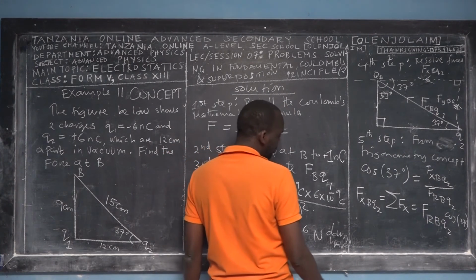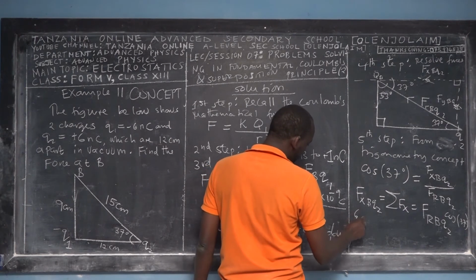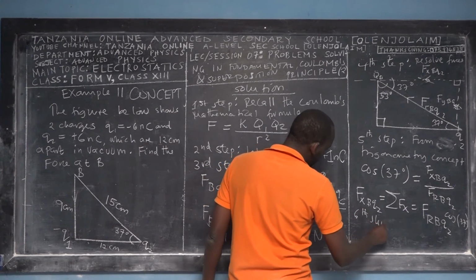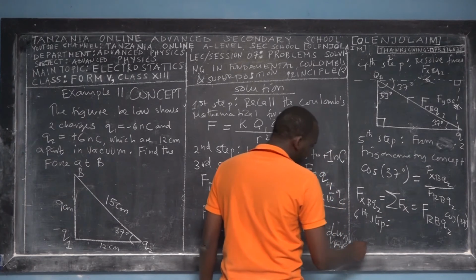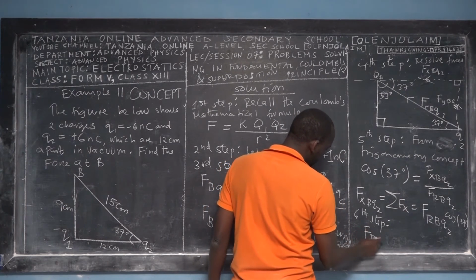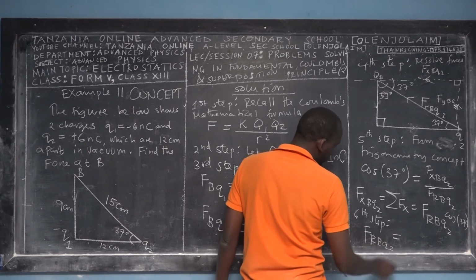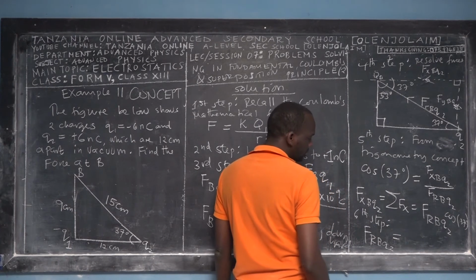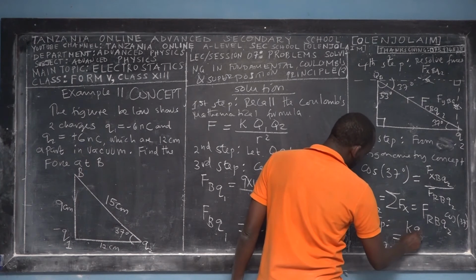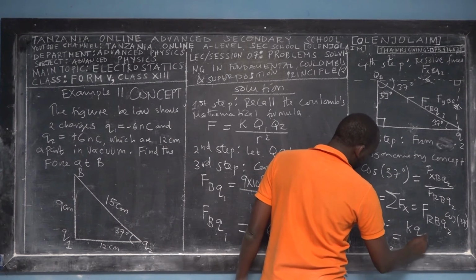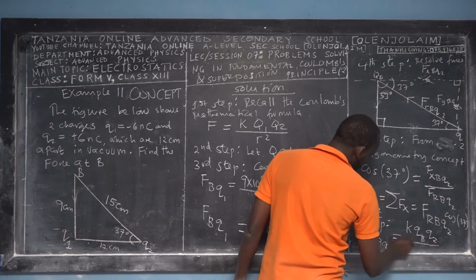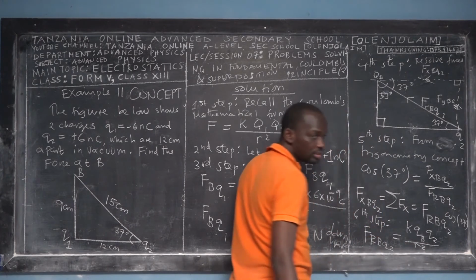This is the sixth stage. We say that this resultant force BQ2 is equal to K times Q at B times Q2 over R squared.